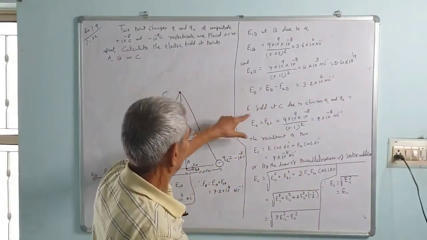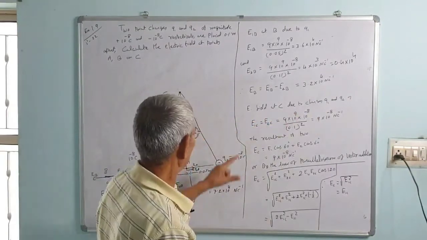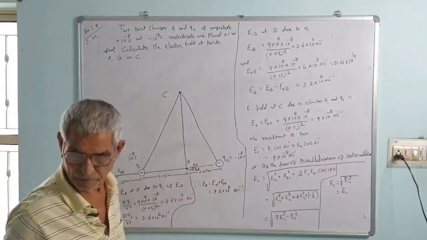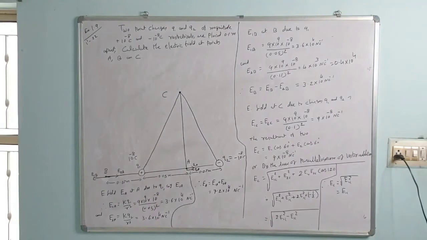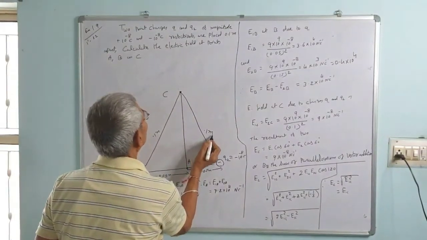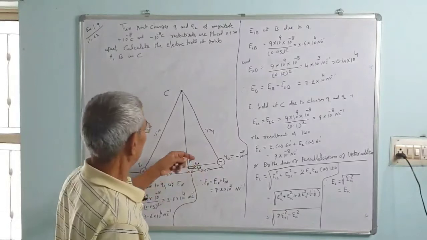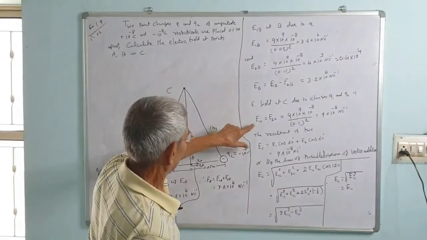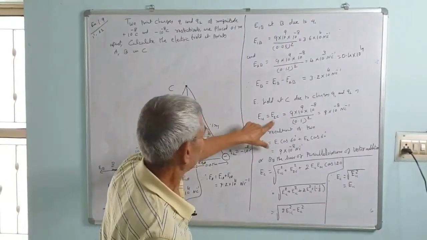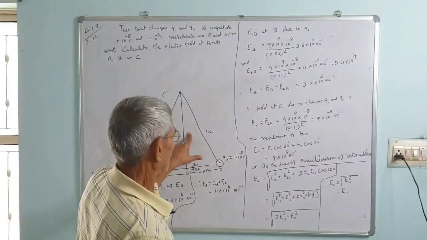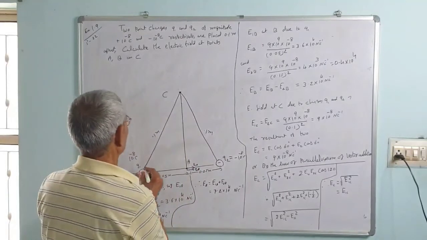Correct? Now the electric field at C due to the charges Q1 and Q2, E1C and E2C. The distances are the same: this is 0.1 meter, and this is also 0.1 meter. Since the distances are the same, the forces will also be the same in magnitude, different only in direction. So E1C is equal to E2C, and that is equal to KQ upon R square. Now what is the field due to the plus Q1?